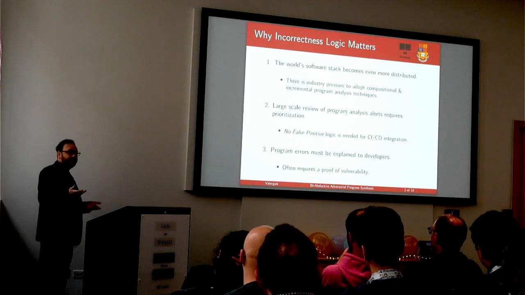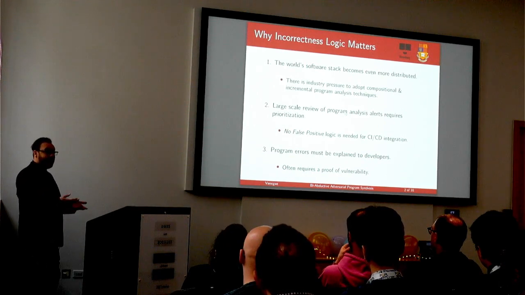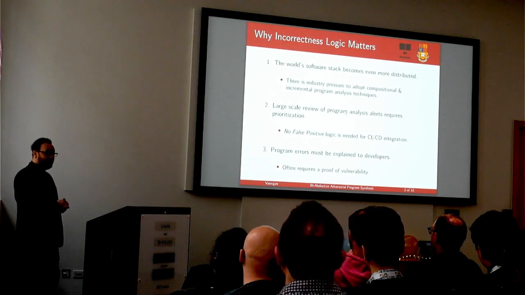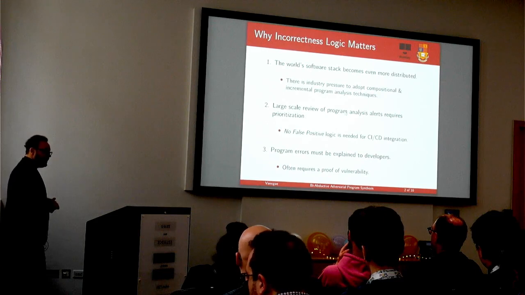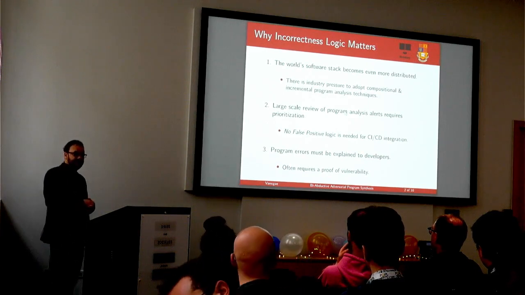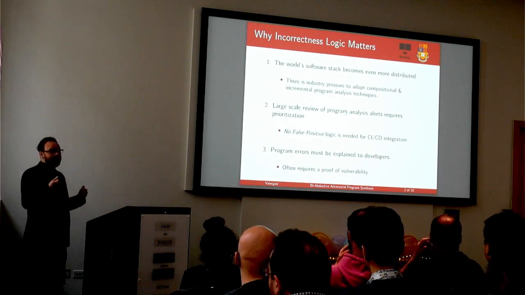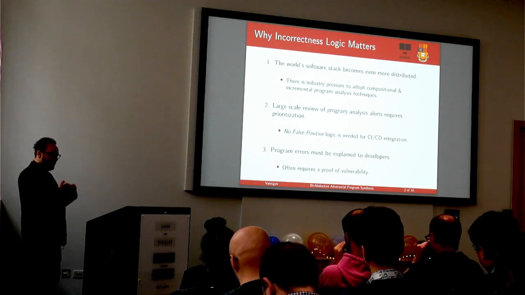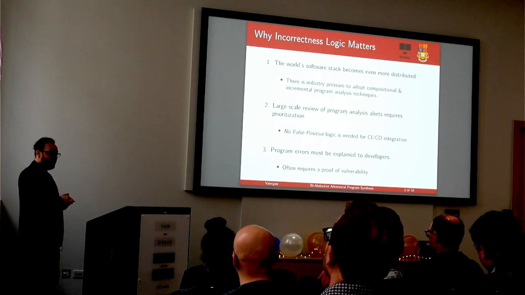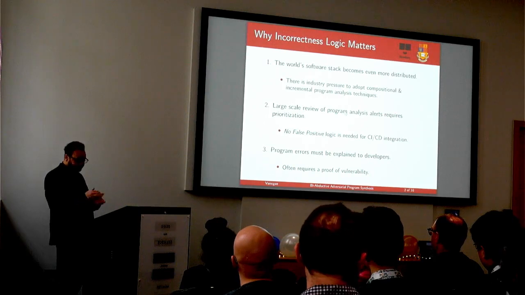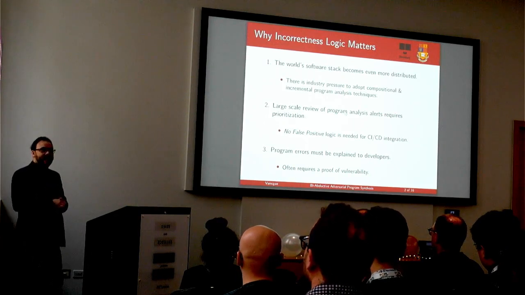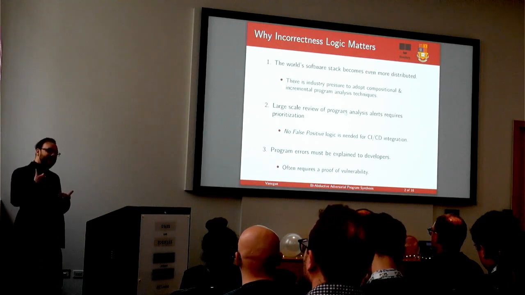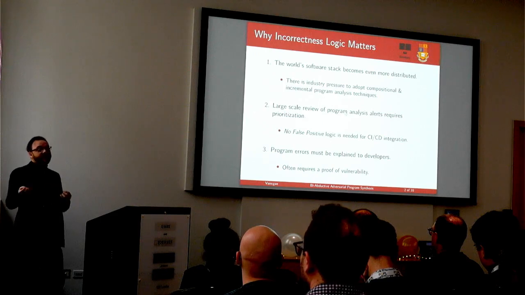And Peter's contribution really has been to formalize this incorrectness logic in the last few years. It's something that has been very intuitive to security engineers and verification engineers in industry for a very long time. And really, incorrectness logic came and captured that in a very succinct and pleasant and usable way. Another advantage of incorrectness logic and its mechanism is that it takes a step to explain errors. It's not just about, oh, you have an error or you don't have an error.